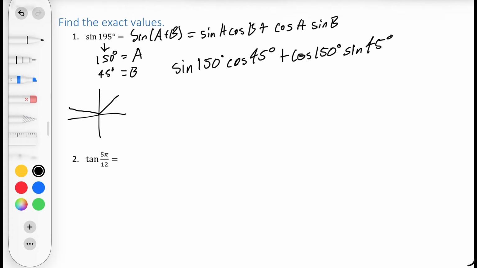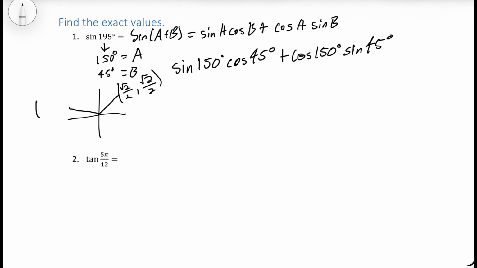And then it's radical 2 over 2, radical 2 over 2. And then over here it's negative radical 3 over 2, 1 over 2. These are x terms, these are y terms. This is cosine, and this is sine. Same thing over here, cosine, sine, our x term, y term.